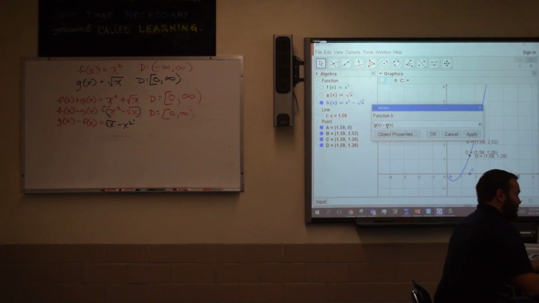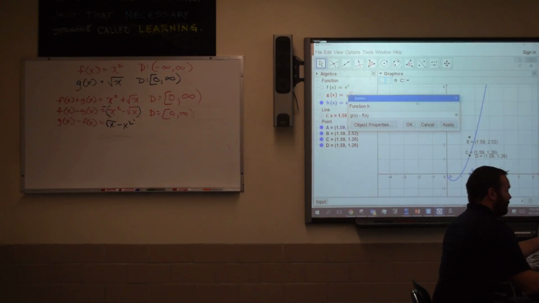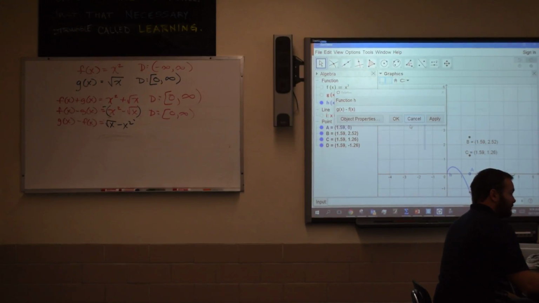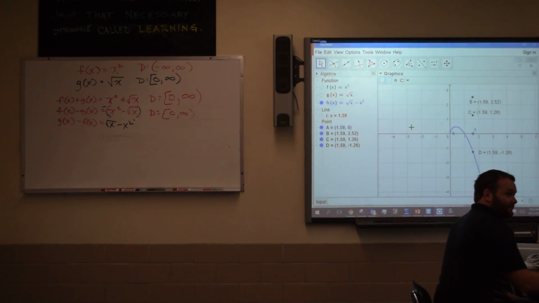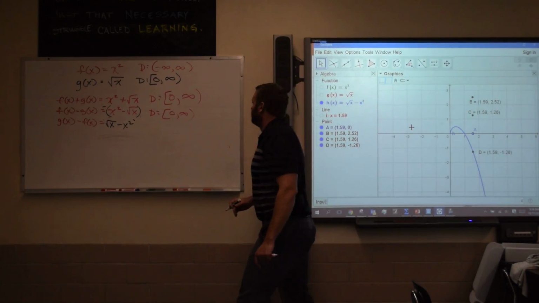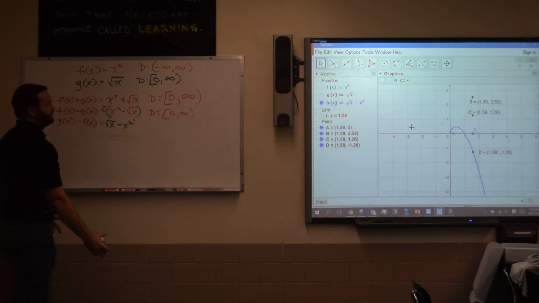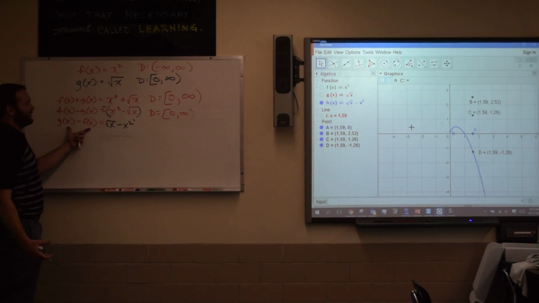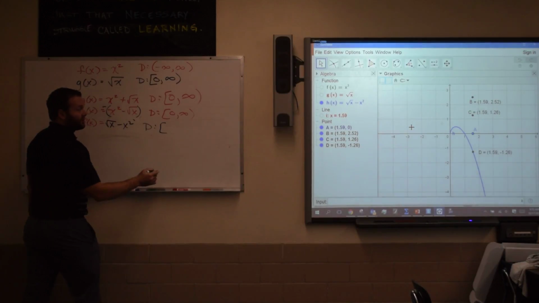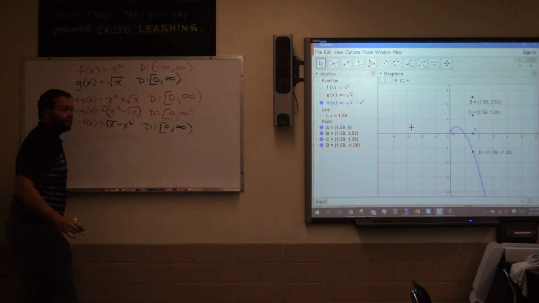So if I go g minus f, visualize what this blue curve looks like right now, but when I change the order, it's just a reflection, isn't it? So that's something to maybe help us visualize what's going on with some of these relationships. But that domain, look at that curve. Still starts at 0, still goes to infinity, right?